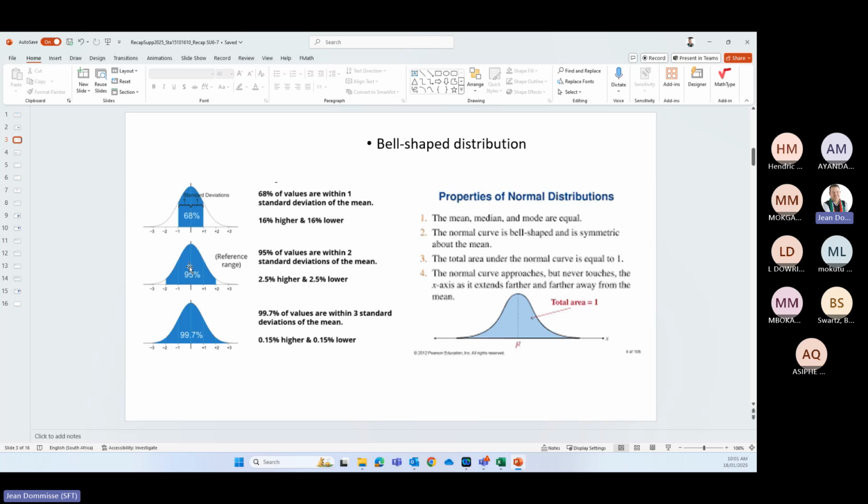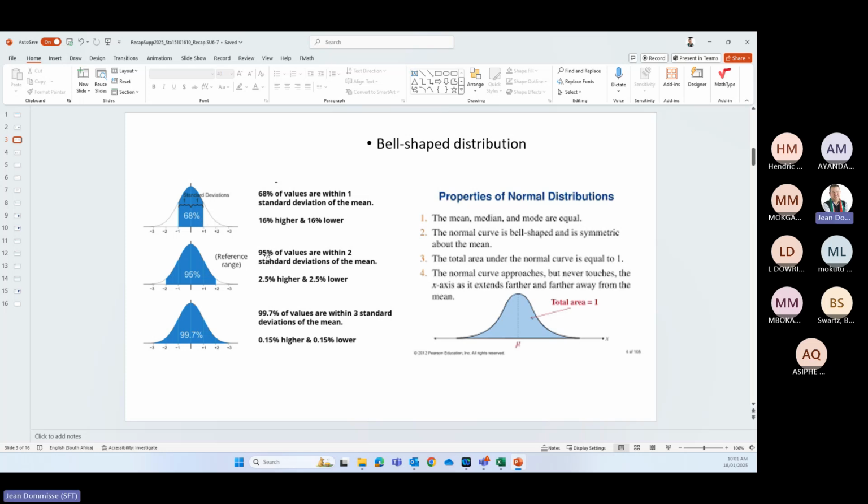When we move a bit further away from it, within 2 standard deviations, we cover 95%. And then if we move a bit further, 3 standard deviations, we look at around 99.7%. So you can nearly get a feel again if we look at that table and we use Z as 1.645. Remember, that refers to 90%.